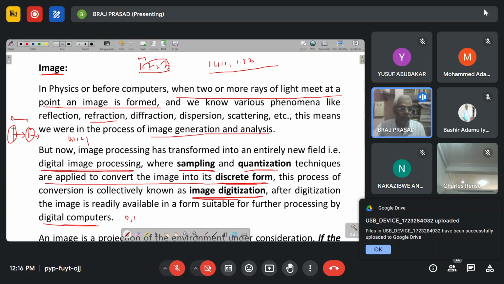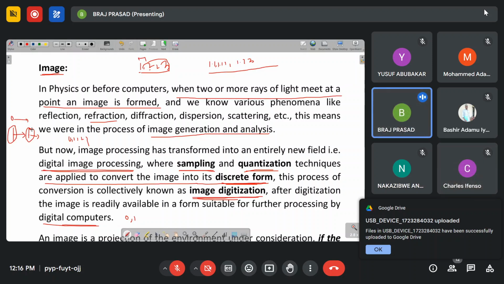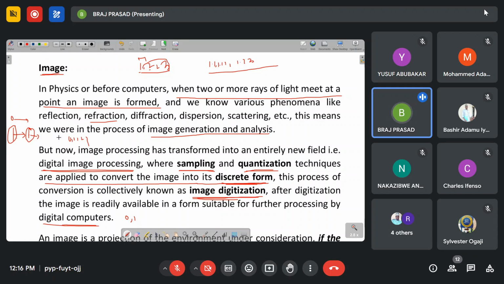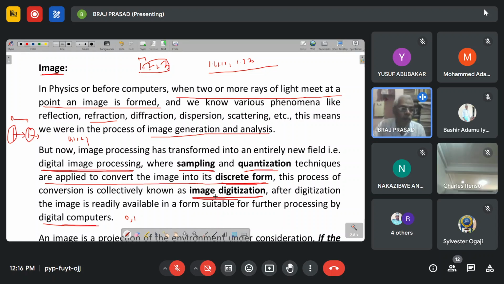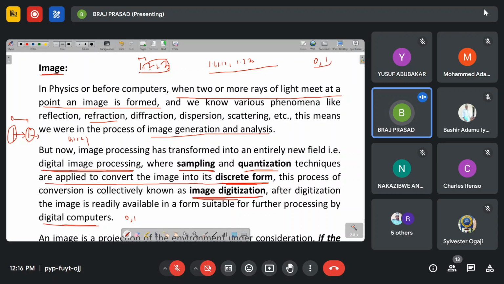We need to convert the object into an image, and this image will be converted into digital form, that is in 0 and 1. This 0 and 1 is the discrete form, because there are a number of points between 0 to 1. So this is called a discrete number, and due to this discrete number, it is known as a discrete form.